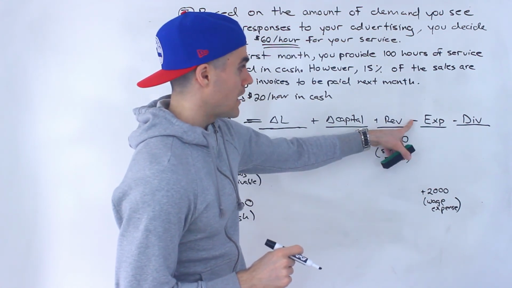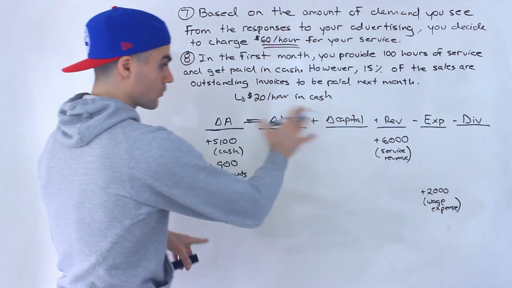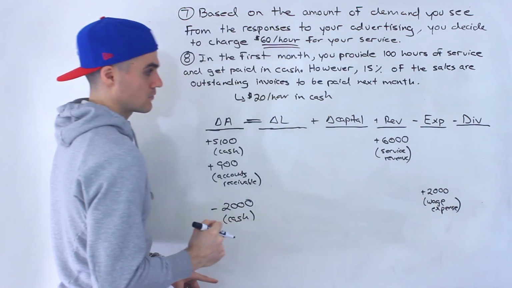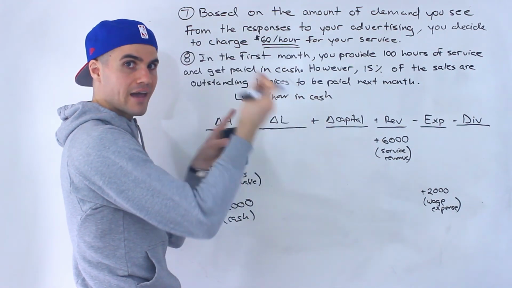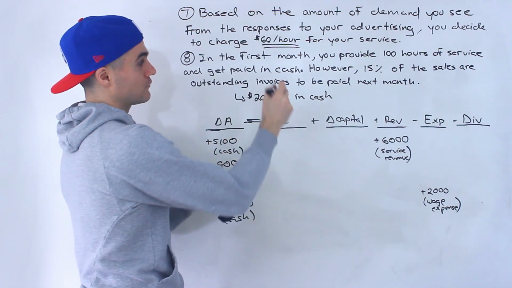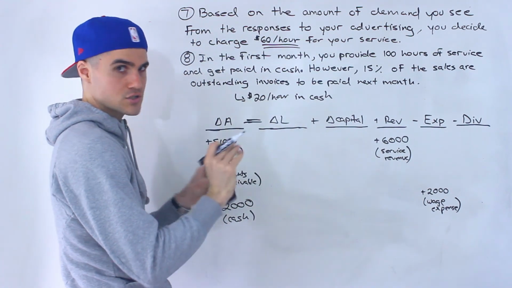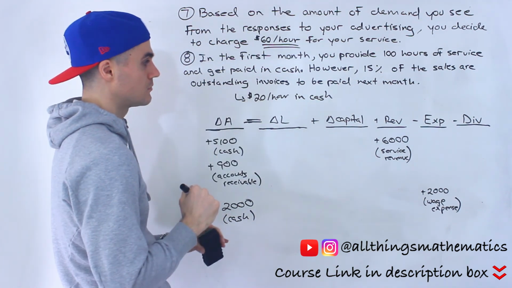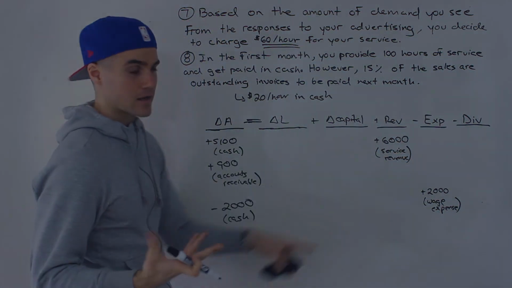And then notice, because it's a minus, we're minusing all the expenses. This would be a minus overall as well to this whole right side. So we got minus 2,000 and then minus 2,000 right there. So it's a little tricky. We had to take that event that was given earlier in the example, and then we have to incorporate it within this transaction. So you got to be really conscious when you are reading these questions. Make sure that you see the full picture. Right? So we got 6,000, 6,000, minus 2,000, and then minus 2,000.